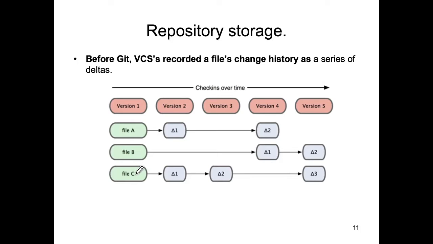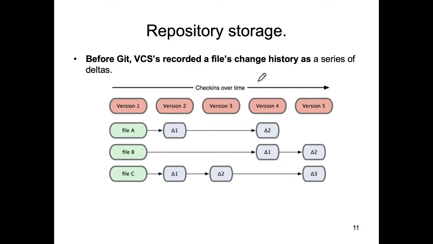So if this is my initial commit to the repository, and I made some changes to file A and file C, when I then commit those changes, the older version control tools worked out what part of the file had changed, and they just recorded the change rather than a full copy of the file. So that's what's happening here. Later on, I do another update to the repository. In this case, I just make changes to file C, and so on and so forth.